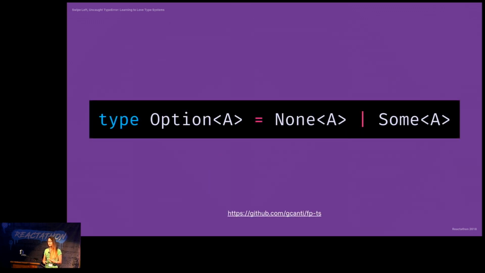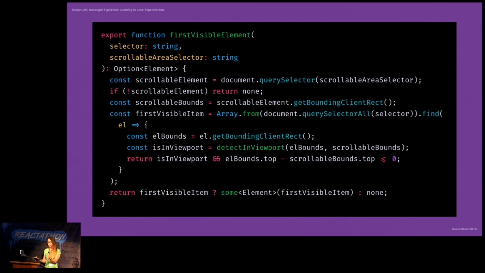So the either type and the option type are really quite similar. The main difference is that either will capture the failure value while option does not. And in some other languages, option is also known as the maybe monad. But an option really represents some value or nothing. And so this is the actual function implementation, which is probably hard to read.